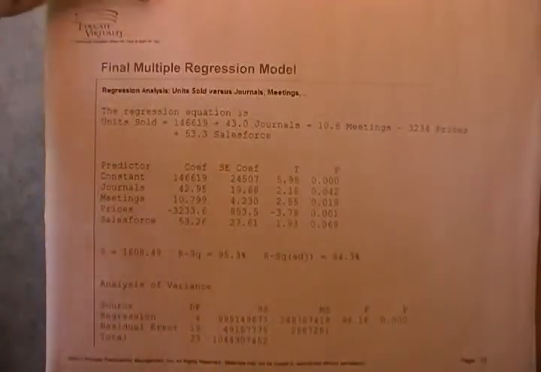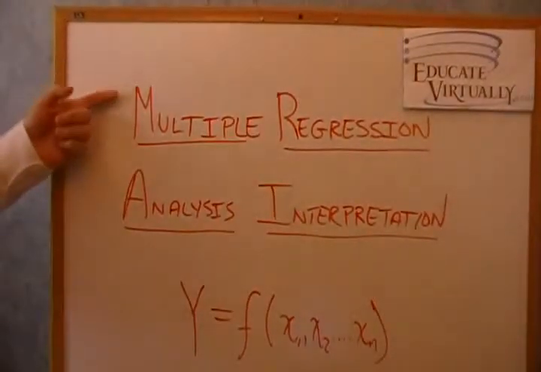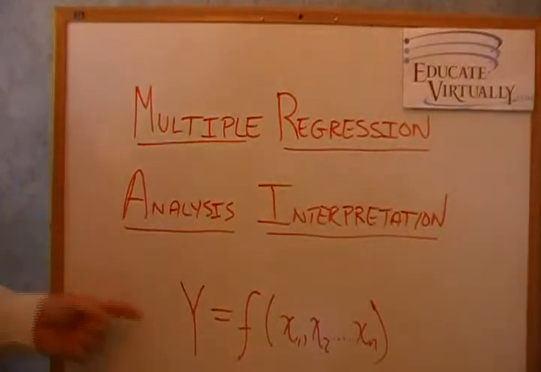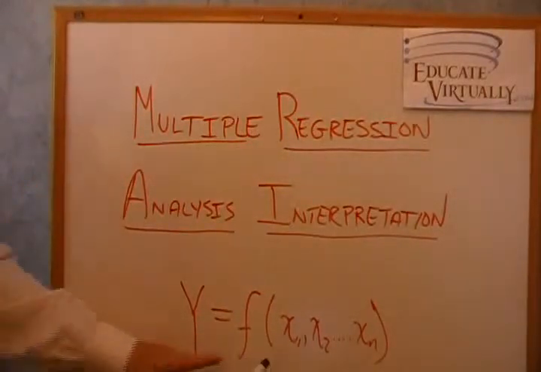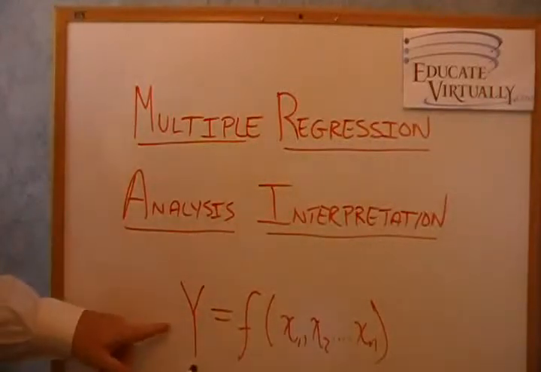So that's how you begin to interpret a multiple regression analysis when we're trying to understand the significant factors and which ones they are that are going to drive the output characteristic.